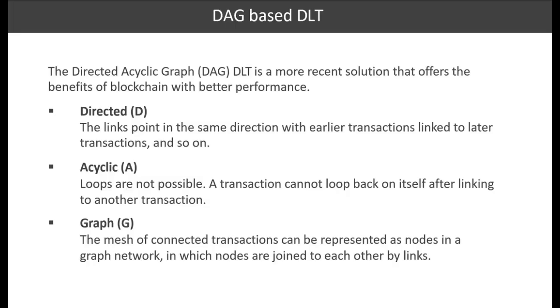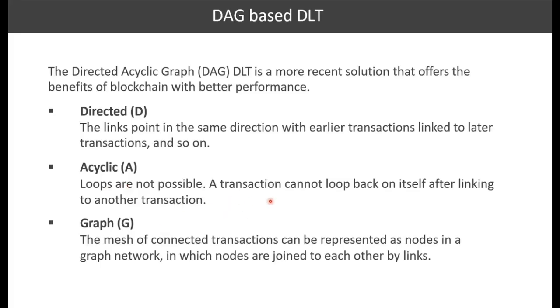With this architecture directed, we have the linking, so the links all point in the same direction, with earlier transactions linked to later transactions and so on. So there you have the example of transactions linking to one another, so you have the immutability of the blockchain.